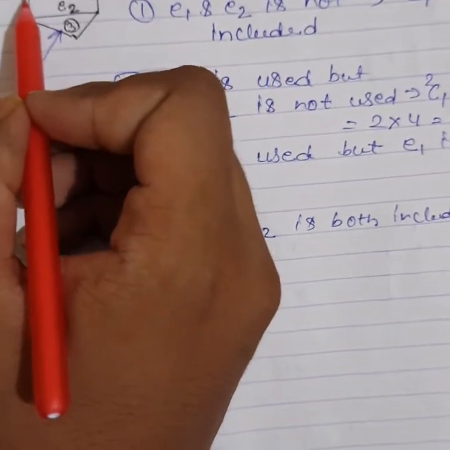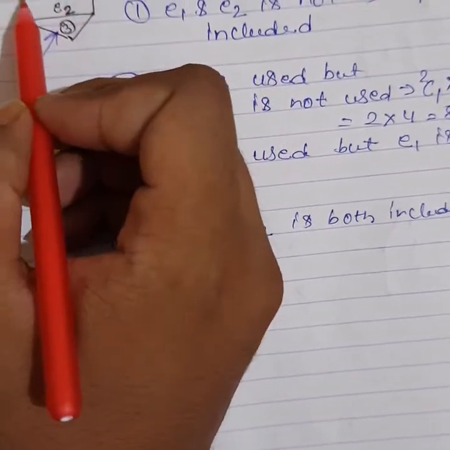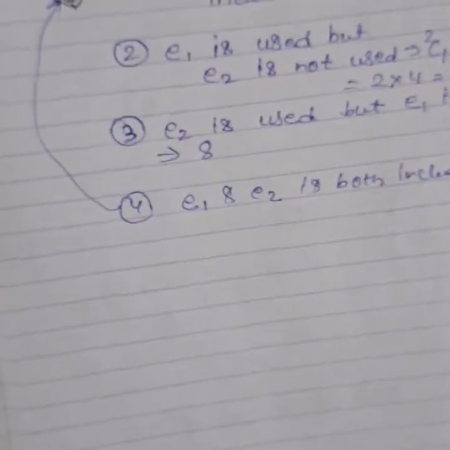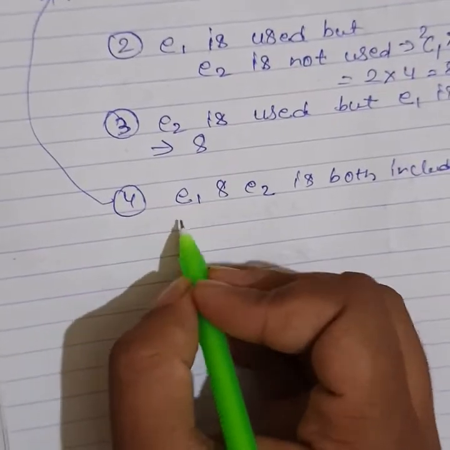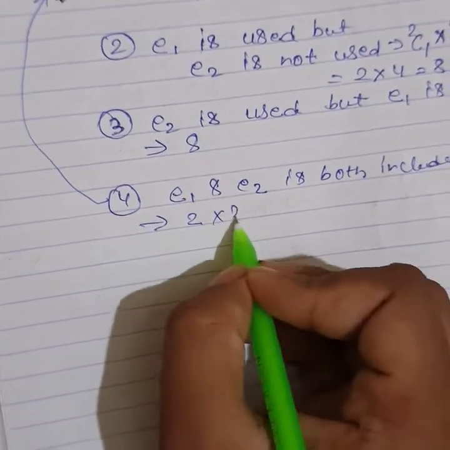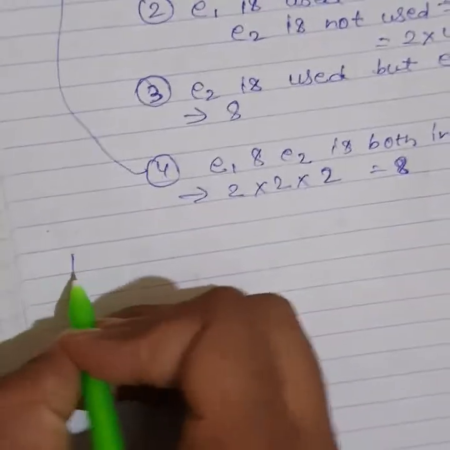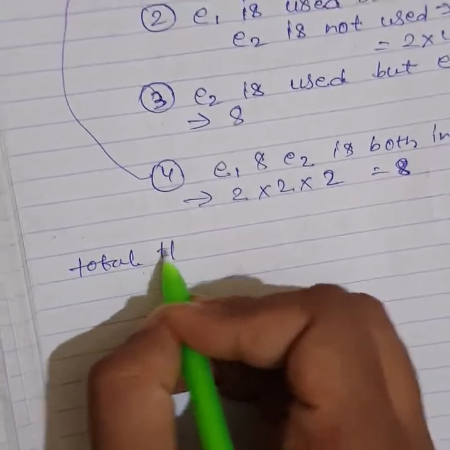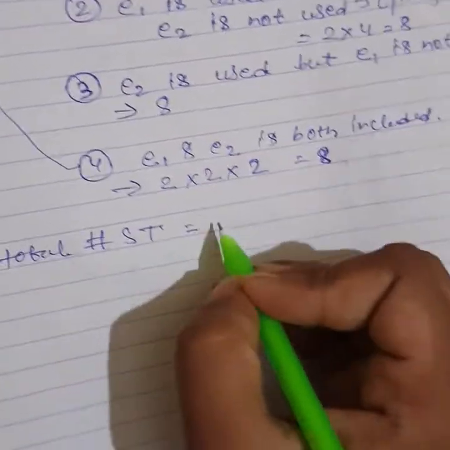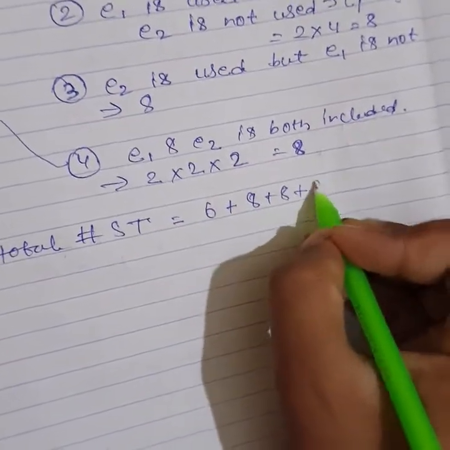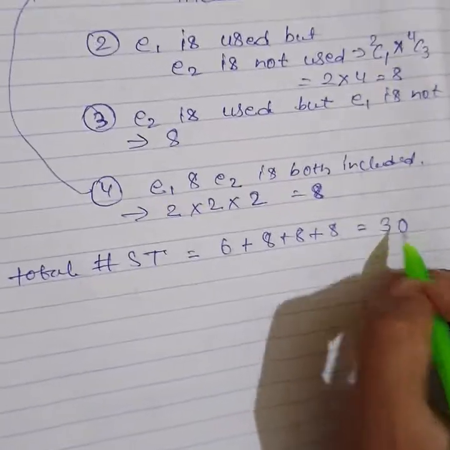In the other cycle as well we have 2 options, and in the third also we have 2 options. So we can write 2 cross 2 cross 2. So the total number of spanning trees will be 6 plus 8 plus 8 plus 8, which is equal to 30.